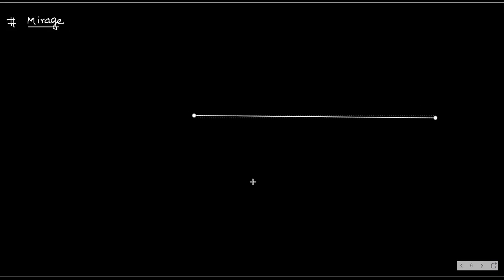Now see, let us assume that there is a person standing over here, and here is a tree.